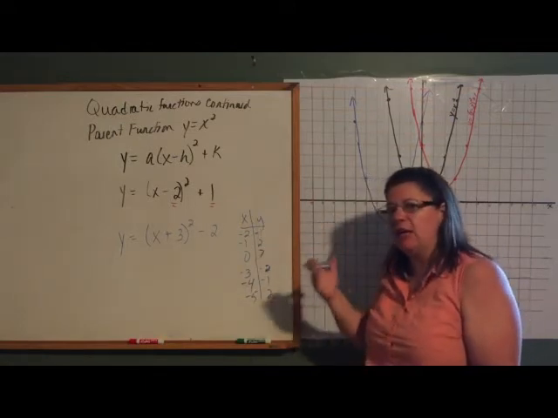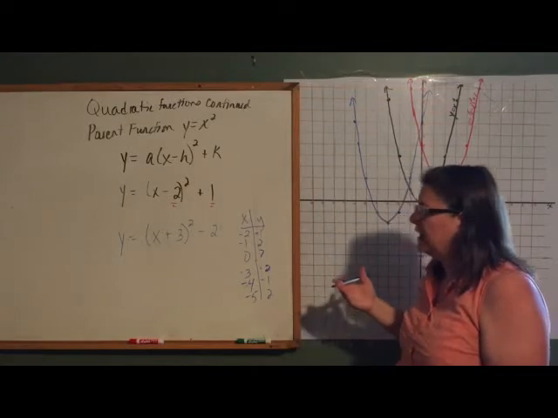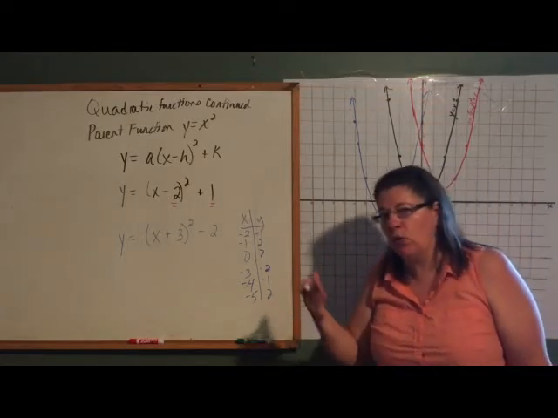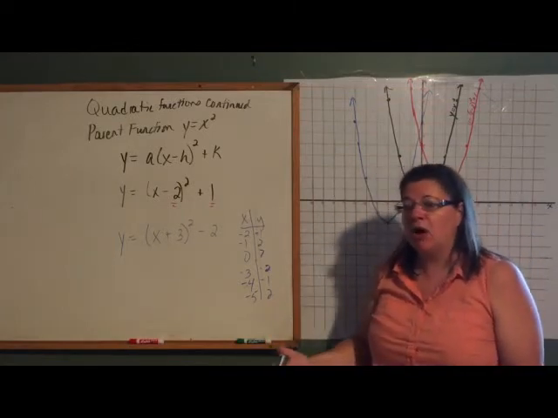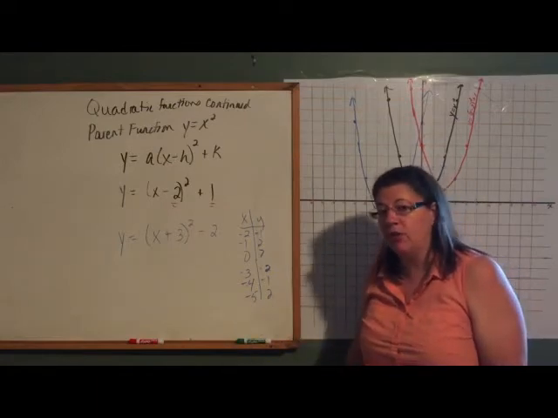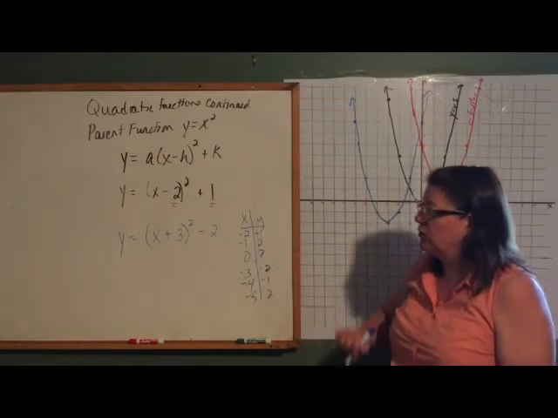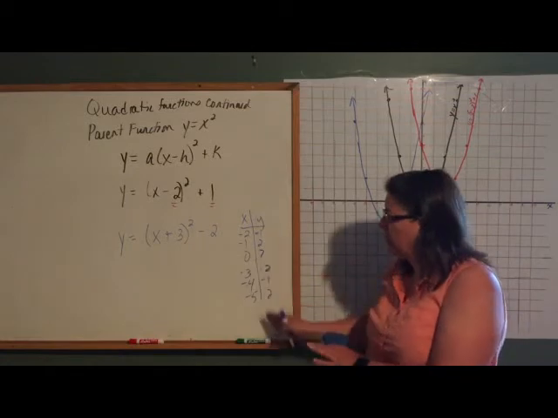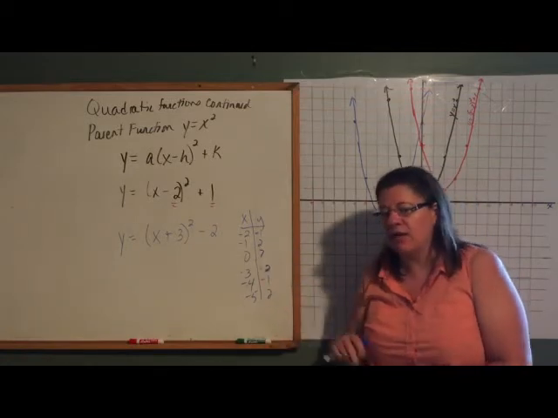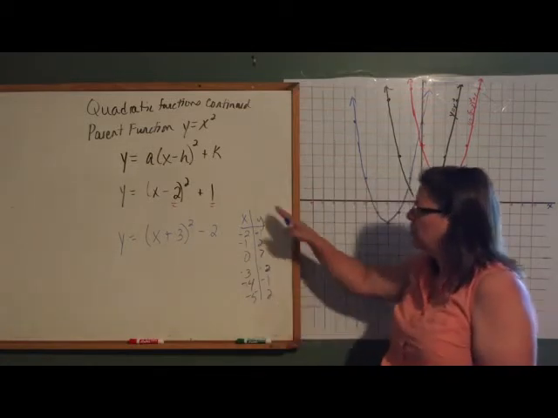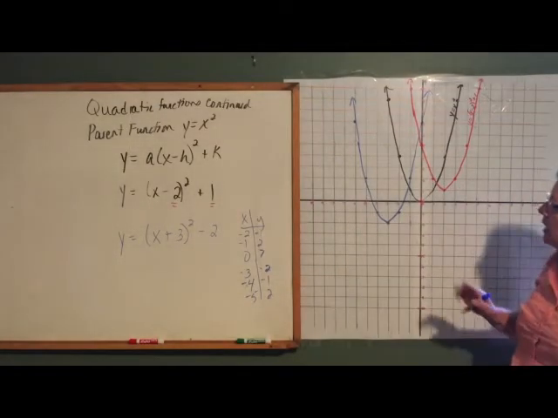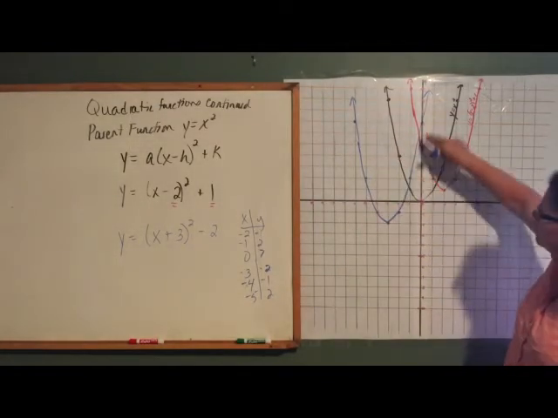Later on, when I'm trying to get you to write equations, and maybe all I give you is the vertex and an ordered pair on the parabola, and ask you to put it in vertex form, if you don't understand this process, that is not going to make sense to you. So I think it's important for you to get this. Okay, here is the new parabola.